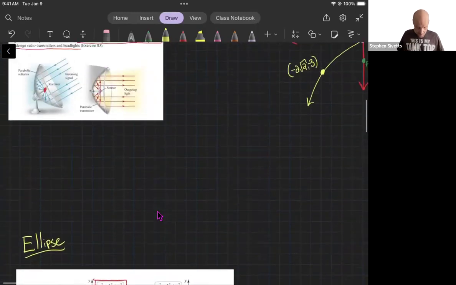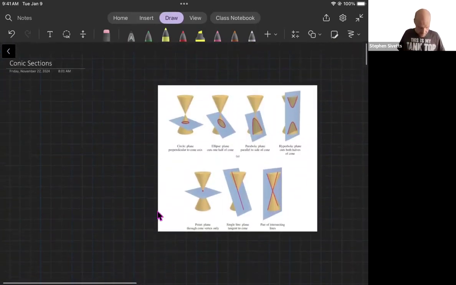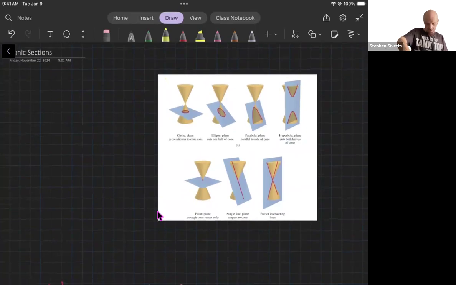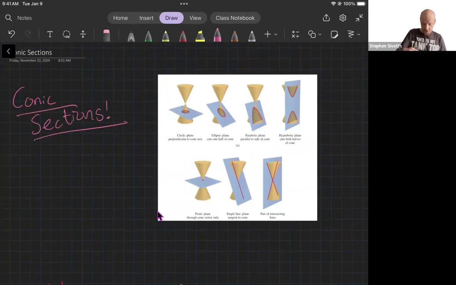Hopefully this helped. This is a brief overview of what conic sections are and how to formulate equations of conic sections. If you have questions, leave it in the comments. Until then, I will see you in the next video. Take care.